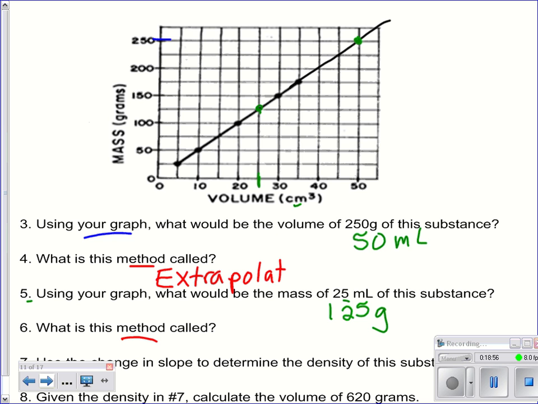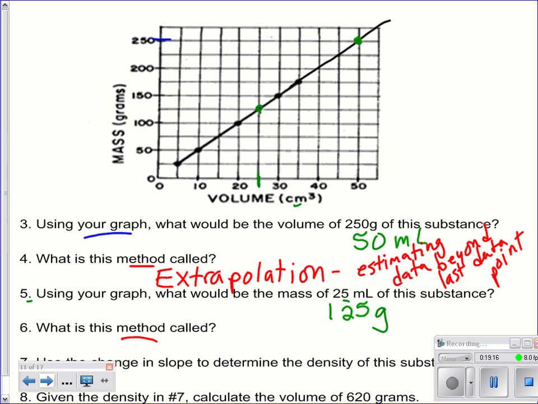That's all one word. So maybe make a little note about that word. Extrapolation, it's estimating data beyond the last data point. And by last data point, it could really be either side, beyond or before.